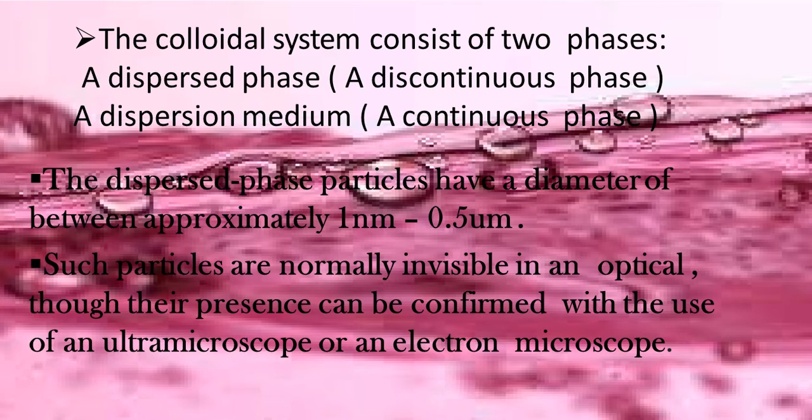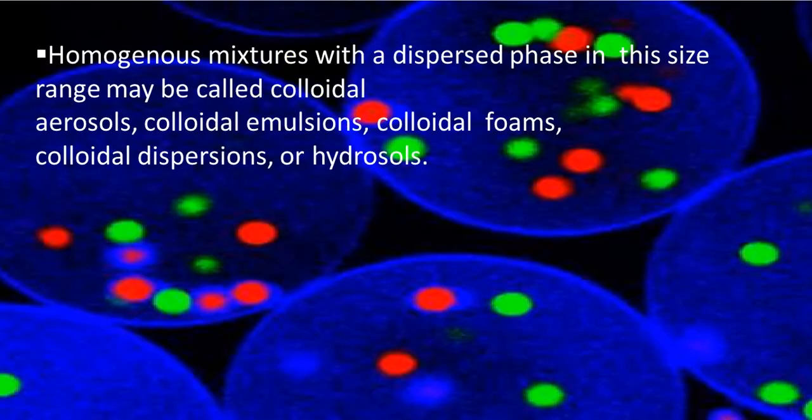So the parts of the colloidal system can't be seen easily with the naked eye, as the particles of the dispersed phase, dispersed meaning soluble, are inside the dispersion medium. We said that colloidal systems or colloids are homogeneous mixtures with a dispersed phase.